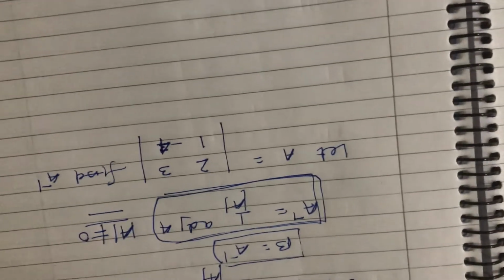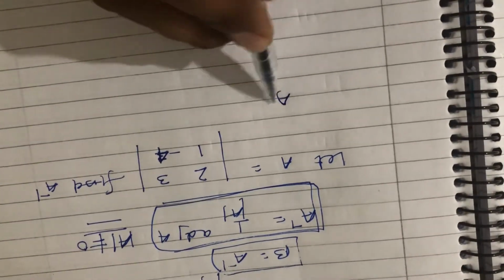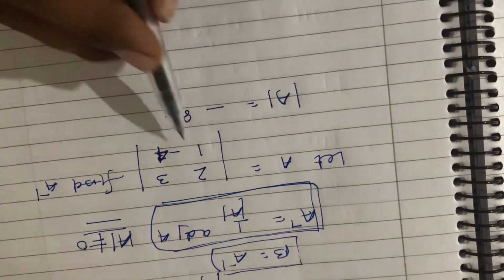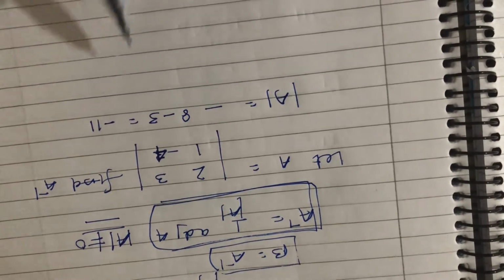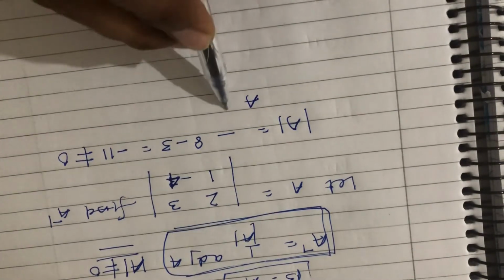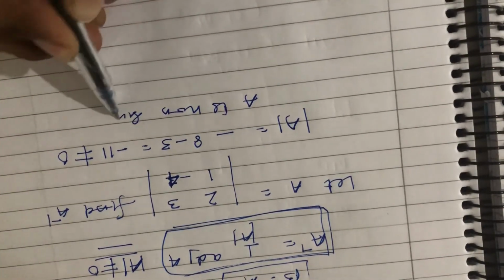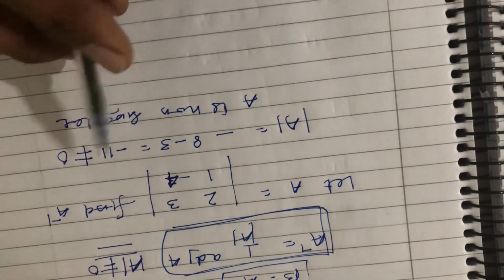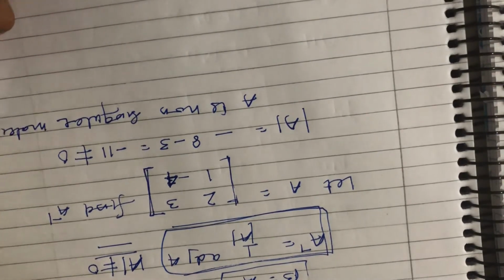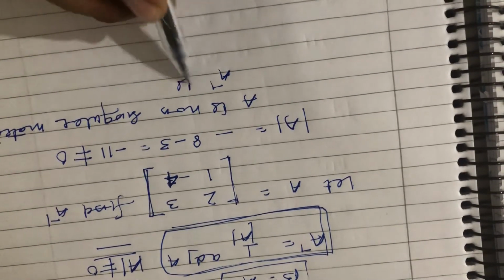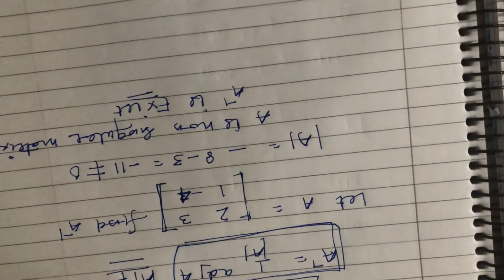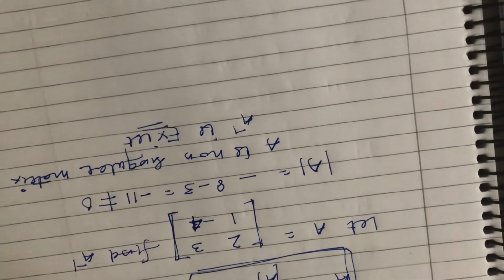First we find its determinant: minus 8 minus 3, which is minus 11. The determinant is not equal to 0, which means A is a non-singular matrix here, so A inverse exists. If the determinant is 0, then we can't find the inverse of a given matrix.